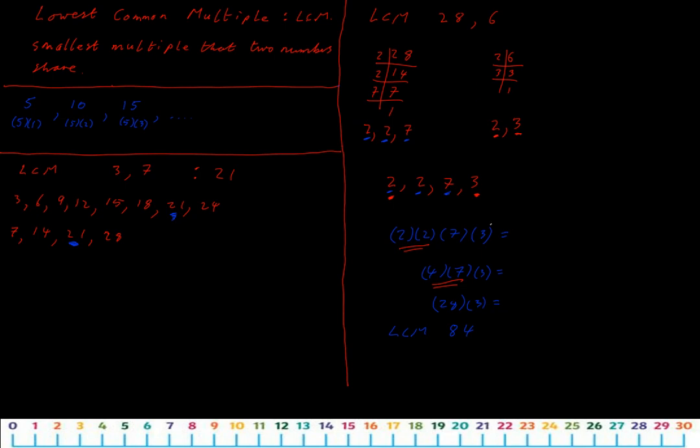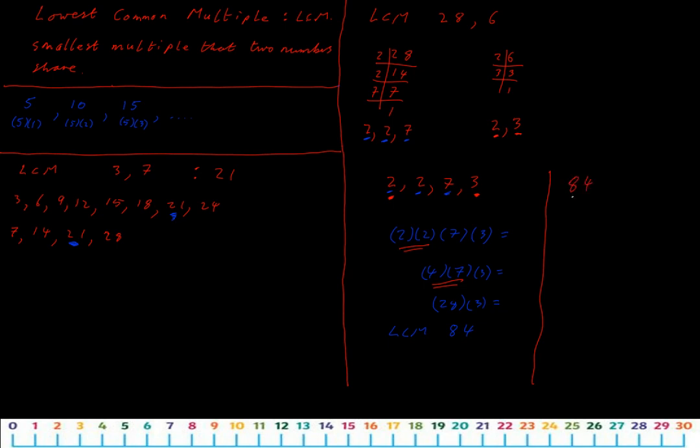Now, we should be able to double check that. I claimed that we were doing this because if we had a number that had all of the prime factors of our original numbers contained within it, then we should be able to divide both numbers in. So let's try that out. So 28 and 6 should be factors of 84, which means they should divide in.